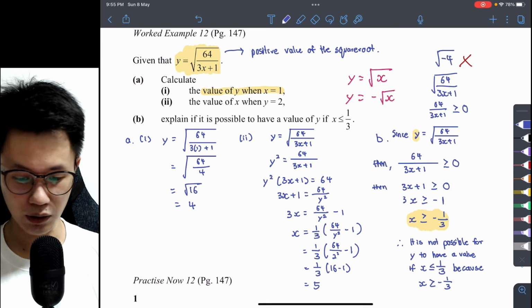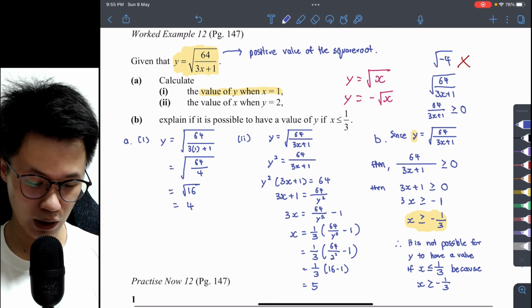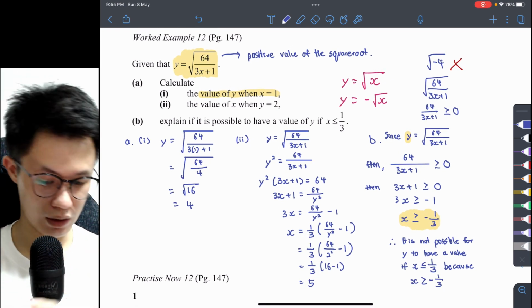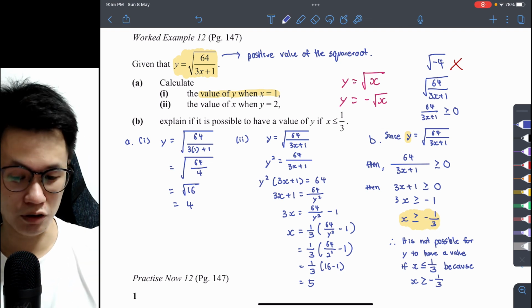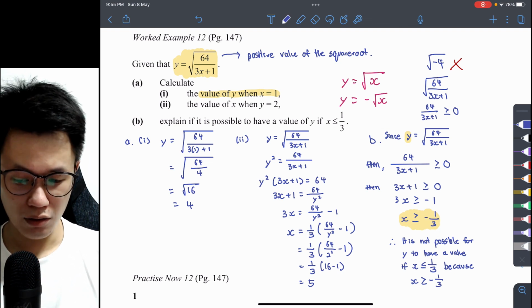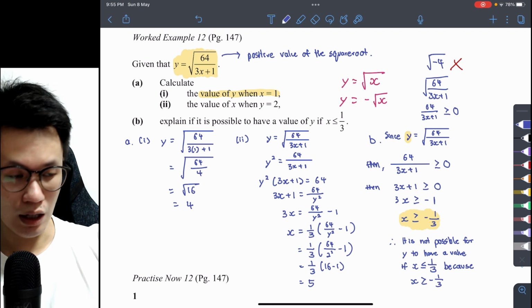That's all. Okay, this is more abstract. You need to kind of make sense of the fraction and the meaning of square root. Okay, I say again, you have to make sense of the square root and the fraction here.